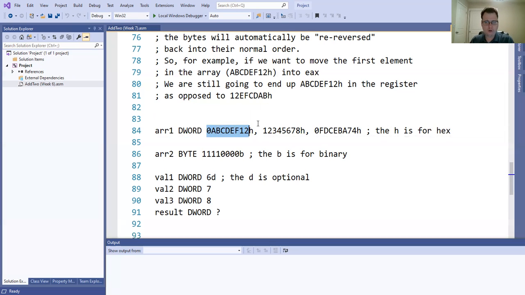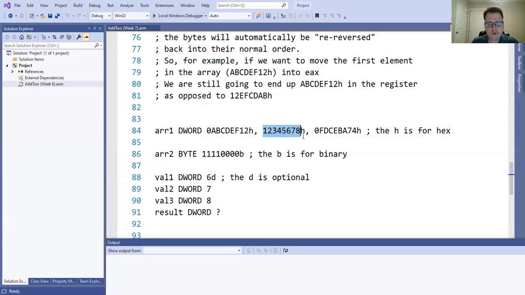But since we have a total of 9 there, the assembler is going to know that that 0 is not actually part of the number. Whereas, as we mentioned last week, if you had a 0 in the beginning but only a total of 8 hexadecimal symbols, then the 0 would be included as part of the data. So that was our first term, really ABCDEF12 hex.